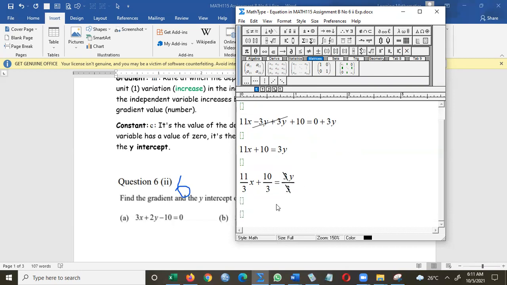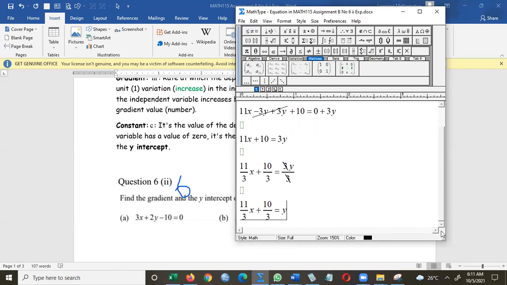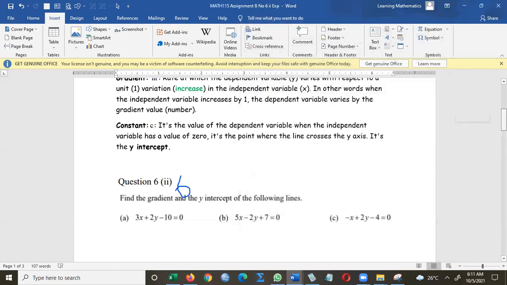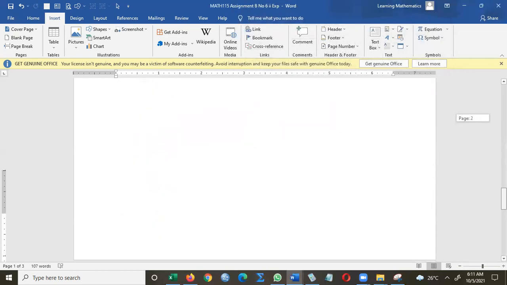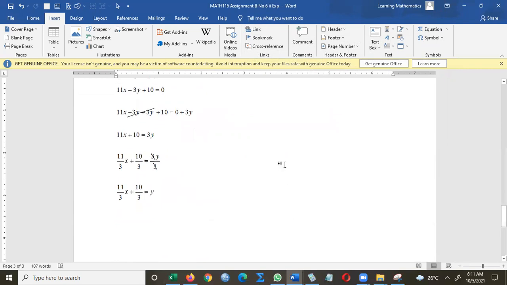And here we have it, 11 over 3x plus 10 over 3 is equal to y. So once y is the subject, it could be on the left or it can be on the right. The coefficient of x is the gradient, and the number by itself is the y-intercept.